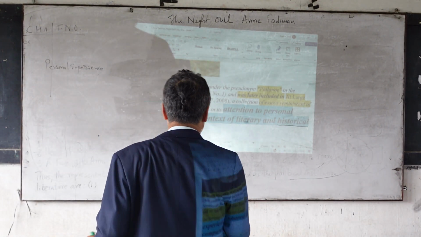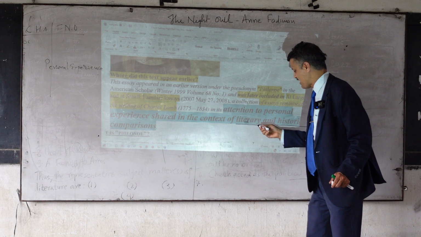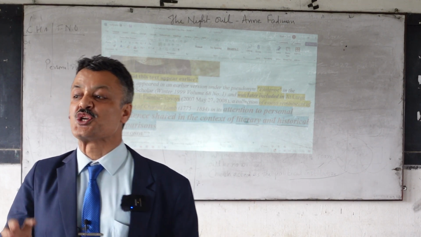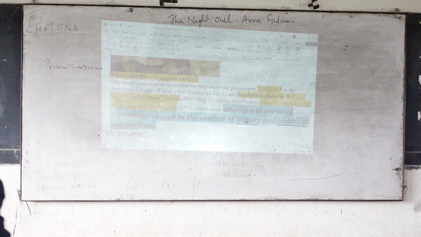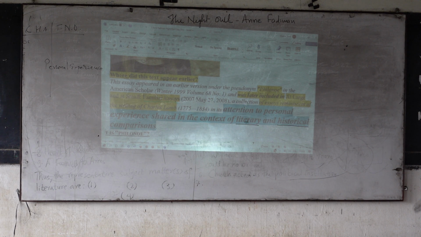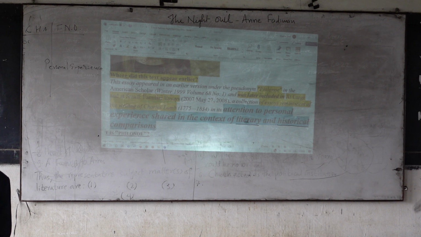And she also uses many literary devices to talk about sleeping in a humorous and interesting way. So her style is literary. Her style is historical comparison. And her topic is familiar experience.